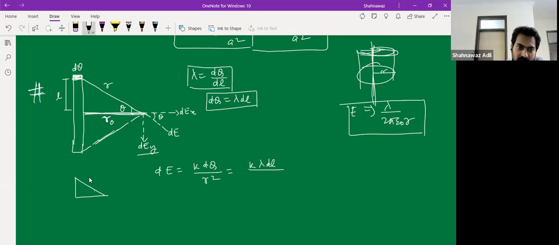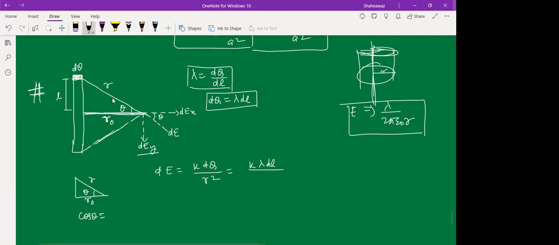So this is R, this is theta, this is R naught. What is cos theta here?